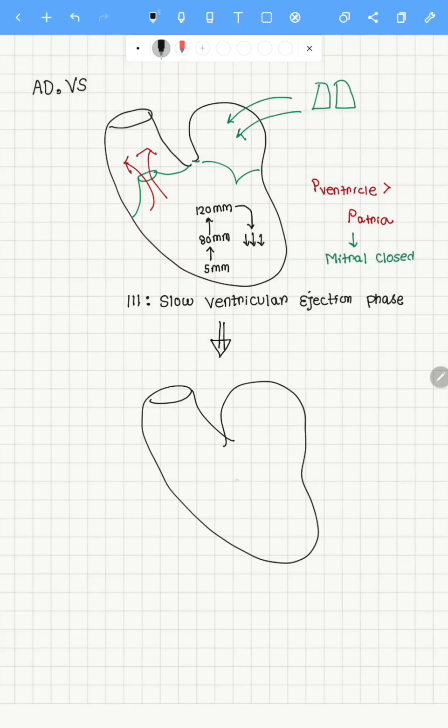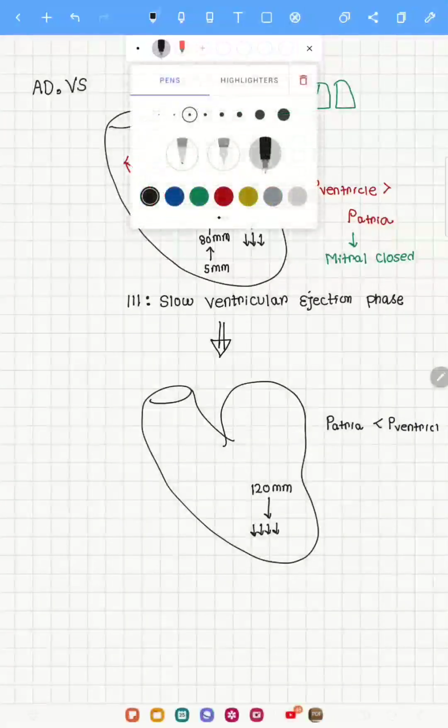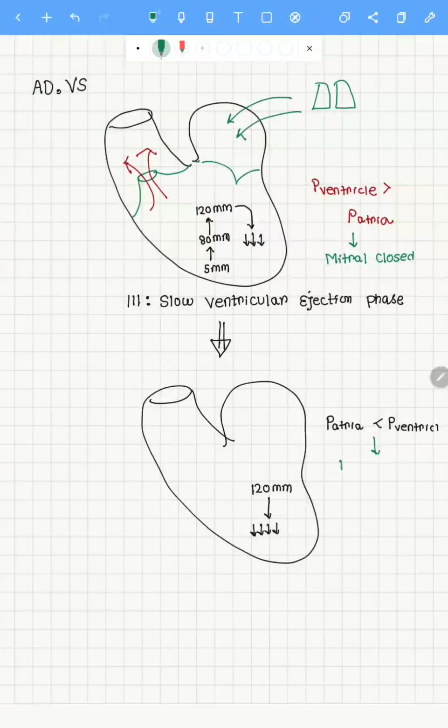In this phase, the pressure will go down from 120 mmHg to a very low value, so that the pressure of the atria is less than the pressure of ventricle. This will lead to the mitral valve again being closed. That means the pressure has gone so low, but still it is greater than the pressure of atria.